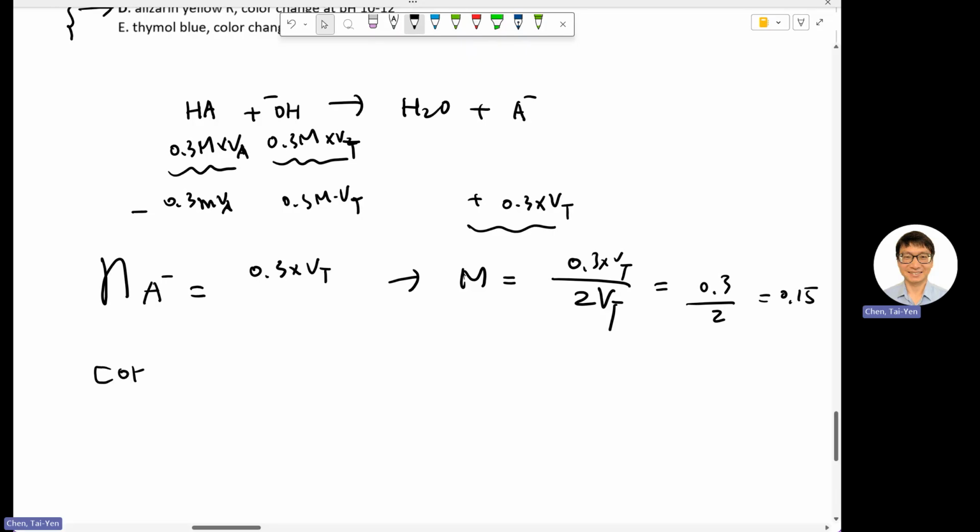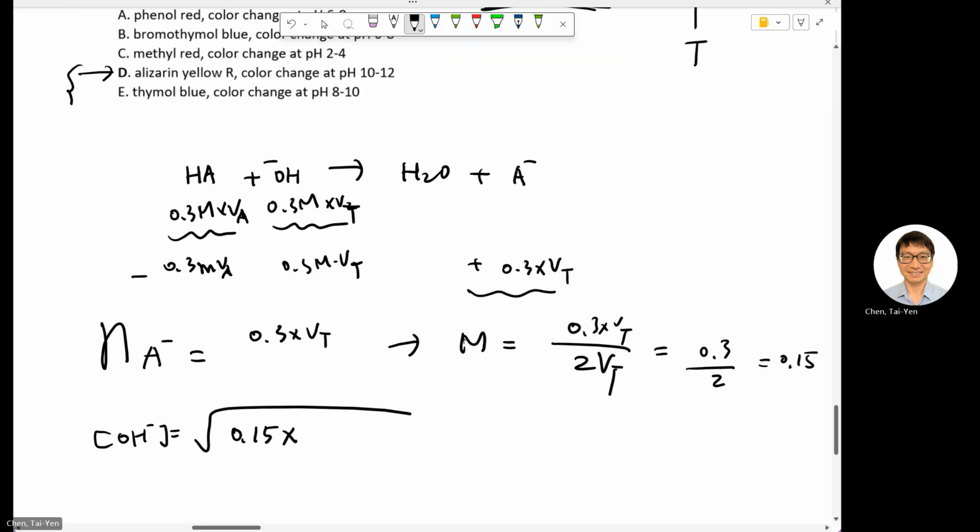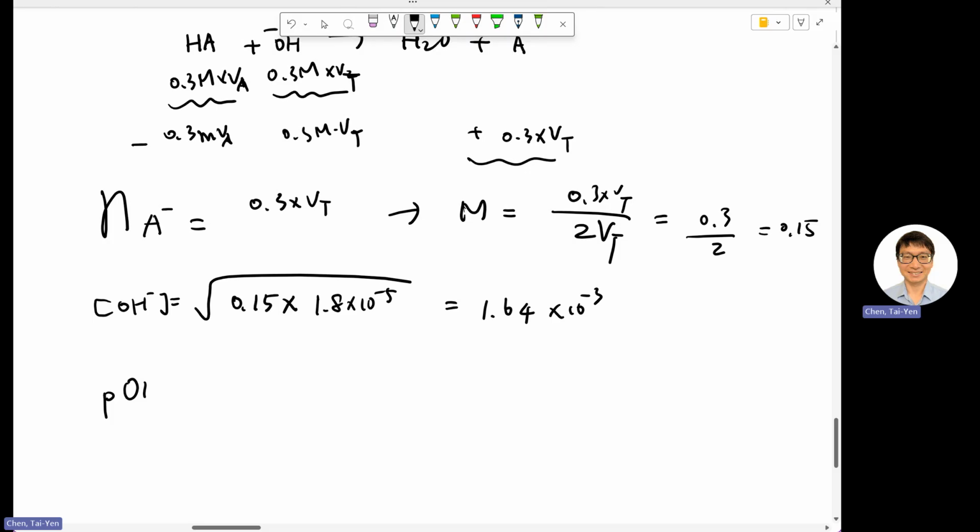Therefore, we can calculate the OH minus concentration, which equals the square root of the weak base concentration times its Kb, which was given here, 1.8 times 10 to the negative 5. If you do that calculation, you get your OH minus concentration as 1.64 times 10 to the negative 3. Therefore, your pOH, which is negative log of 1.64 times 10 to the negative 3, gives you a value of 2.79.